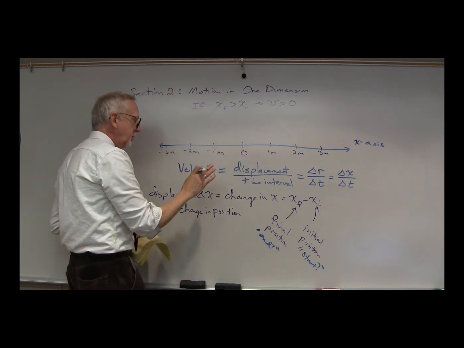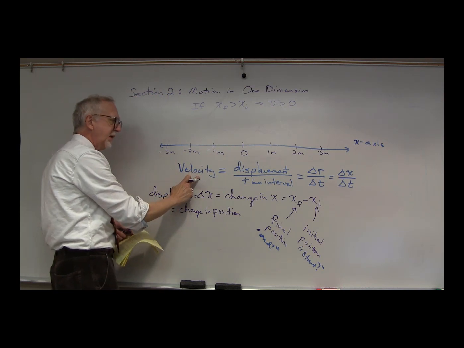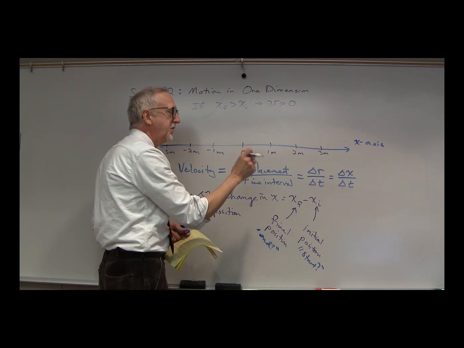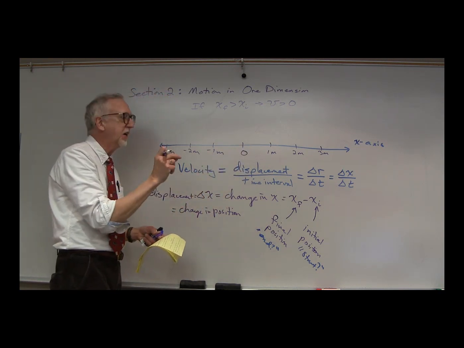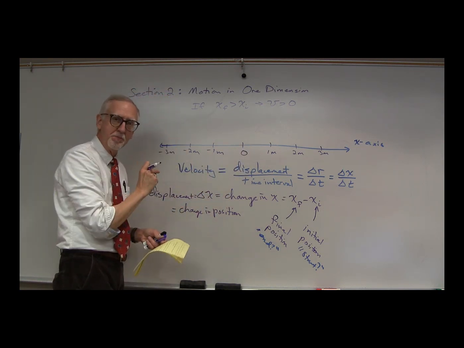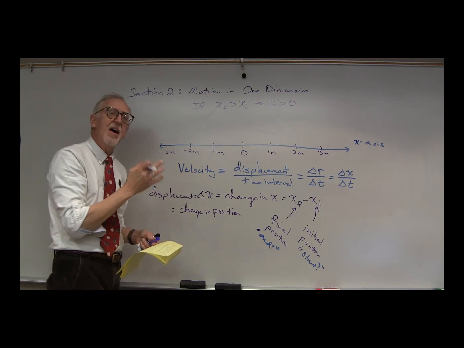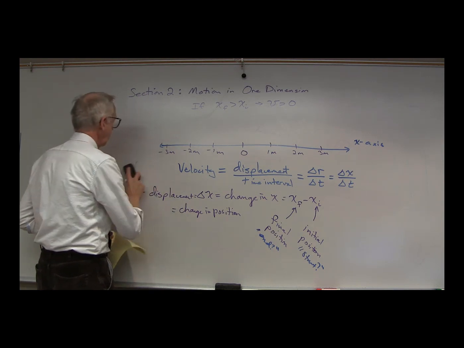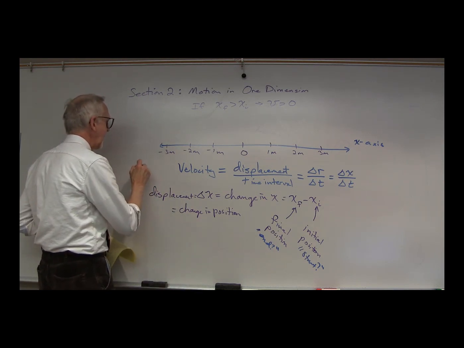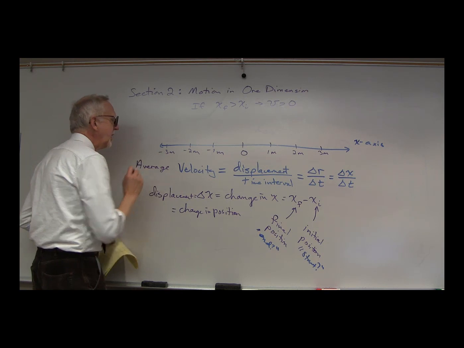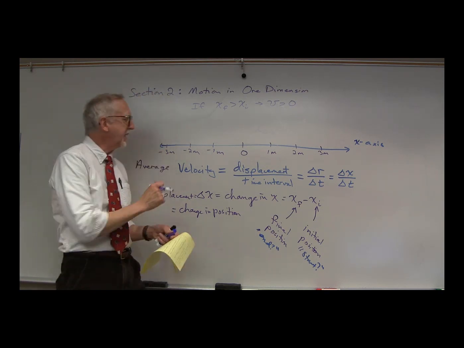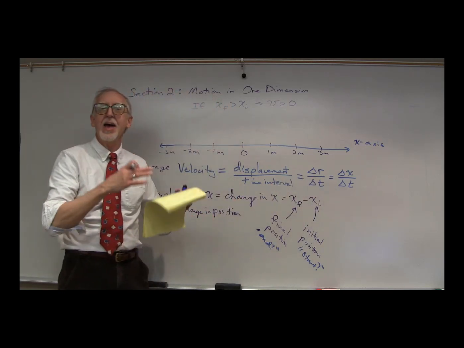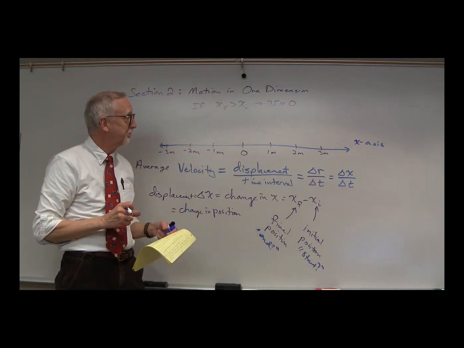To be precise, what this is telling us is not the velocity the object has at any particular point in its motion. This is giving us an average velocity. So I'm going to call this an average velocity. It's telling us the velocity over this entire time interval.